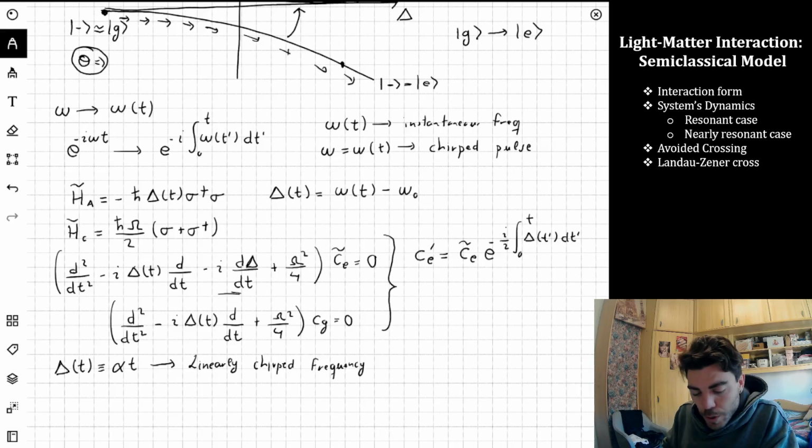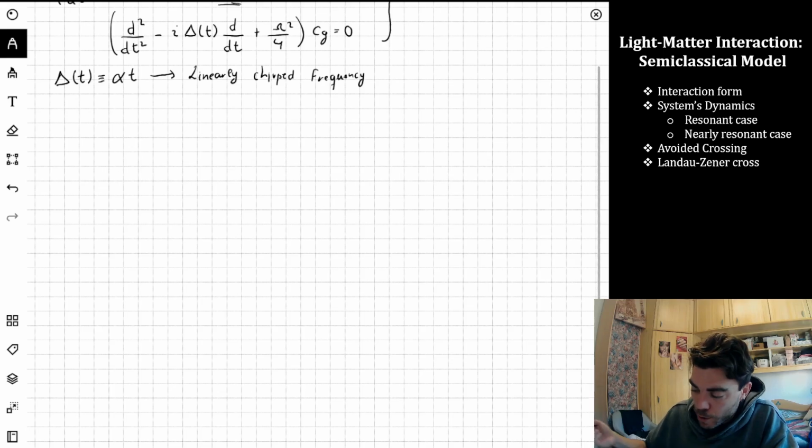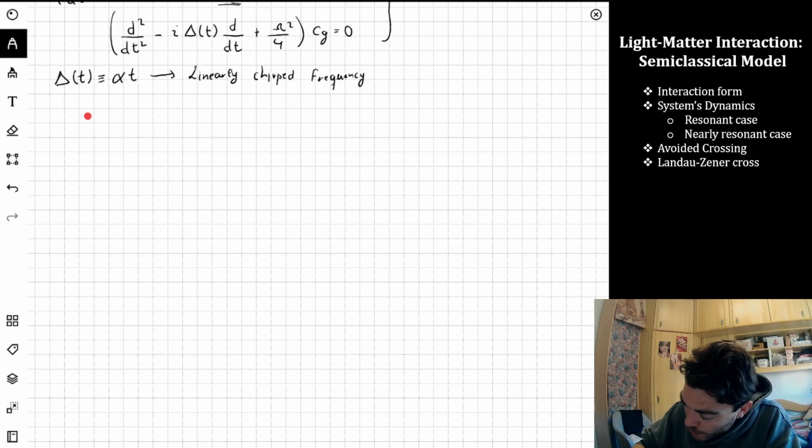So now we can substitute these c primes into here, and we can consider this delta, and we will arrive at some other set of equations. So the equations are the following.